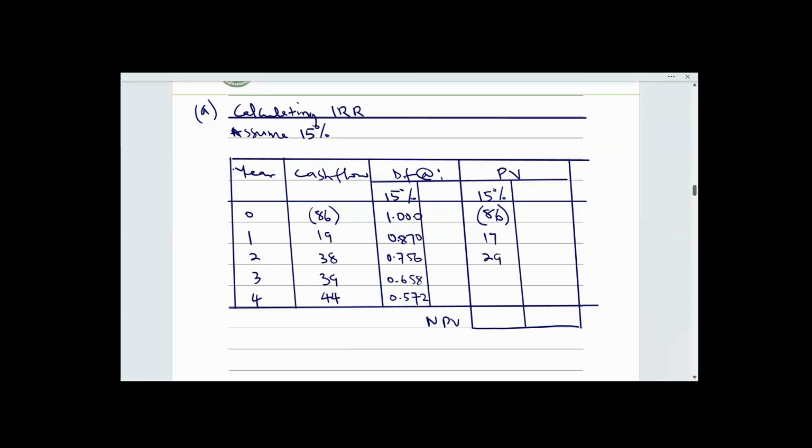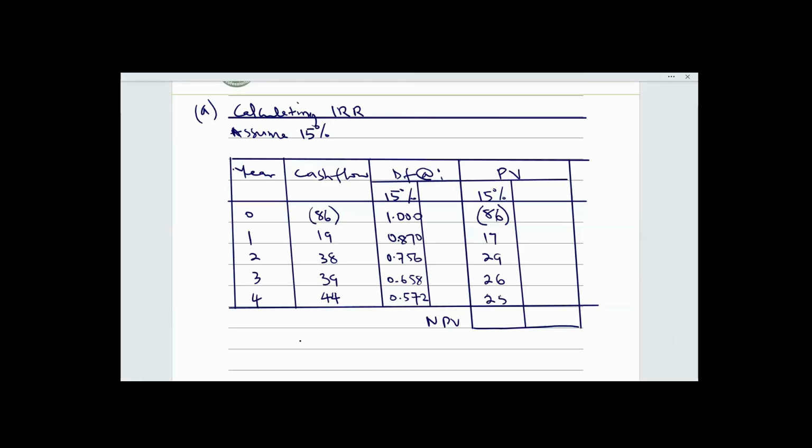39 multiplied by 0.658. 26. 44 multiplied by 0.572. That's 25.